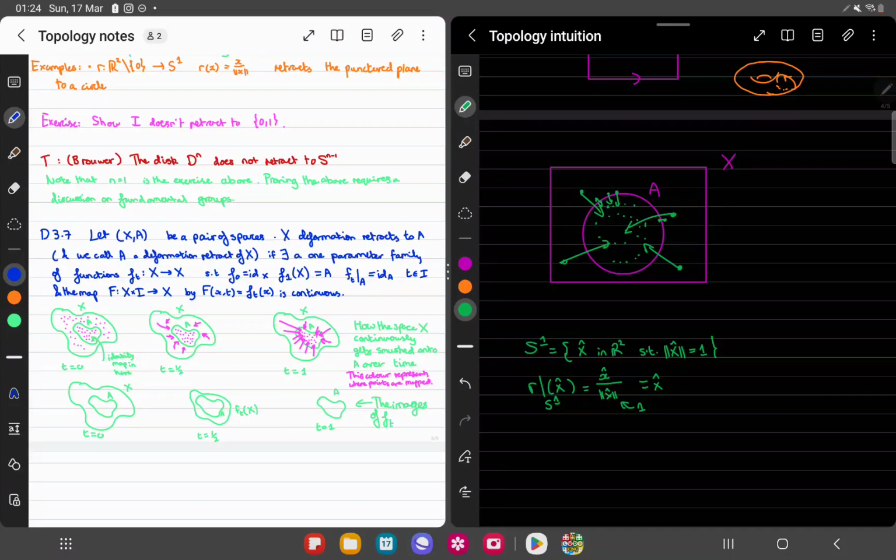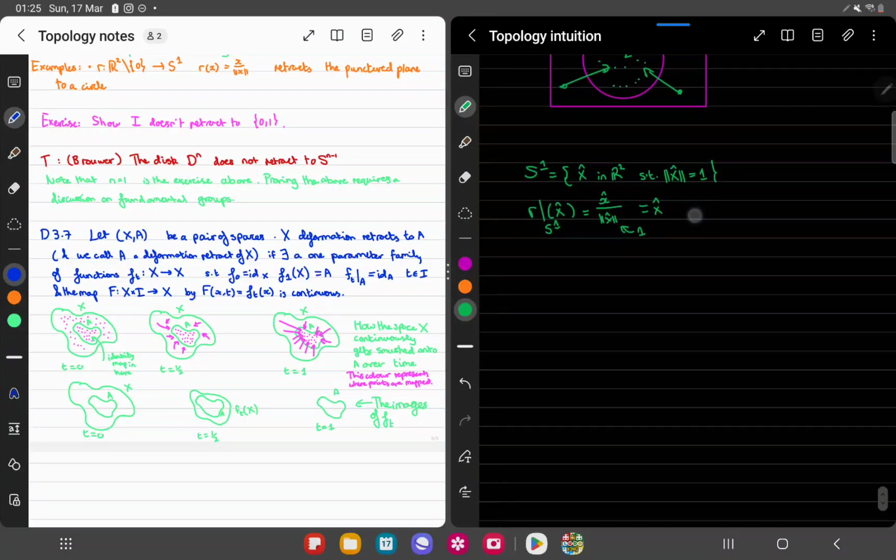So how could you show that the interval doesn't retract to the two singletons? Well, suppose they retract. I'll argue this for you because it's quite easy. Then R from the interval to {0, 1} is a retraction.